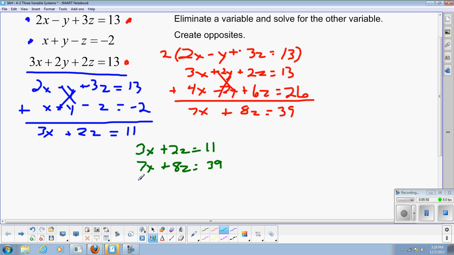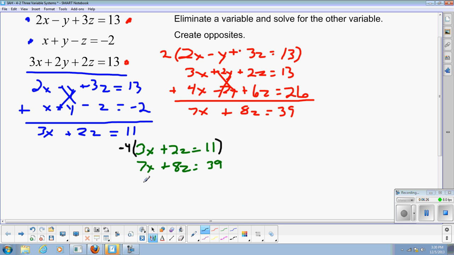Again, I'm still going to create opposites. Now everything is positive here. If I look here, I have 3 and 7. I can multiply the top by 7, the bottom by -3. Or here's 2 and 8. Well, 2 and 8, they're related to one another. So in this case, I'm going to take the top equation and multiply by -4. That gives me a -8 for z, and that will allow me to eliminate the 8's.